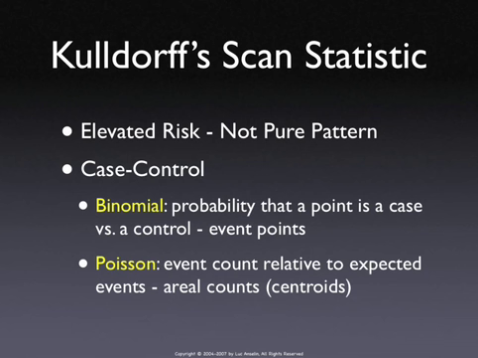Whereas the second setup is when you have aggregation of counts by areal unit. Say you have counties or census tracts and the number of people with leukemia in the census tract. So you don't have the individual addresses, but you have an aggregation of these events. So then the distribution that we use is a Poisson distribution for counts of events within a particular areal unit.